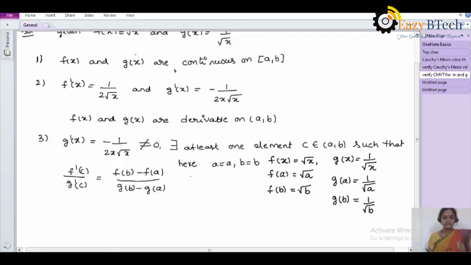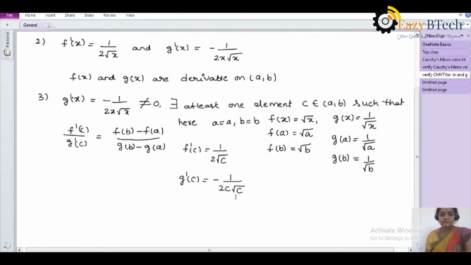Using the second condition, the values of f dash of c: f dash of c is nothing but 1 by 2 root c, and the value of g dash of c is minus 1 by 2c root c. Using the second condition only we find the values of f dash c and g dash of c.